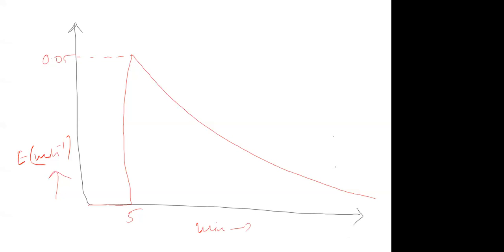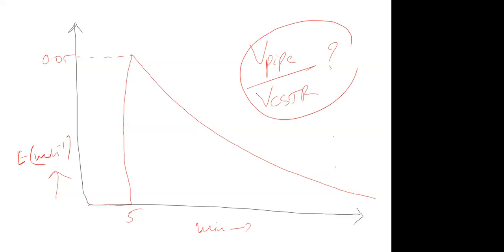Assuming plug flow in the inlet pipe, the ratio of volume of pipe to volume of CSTR is?